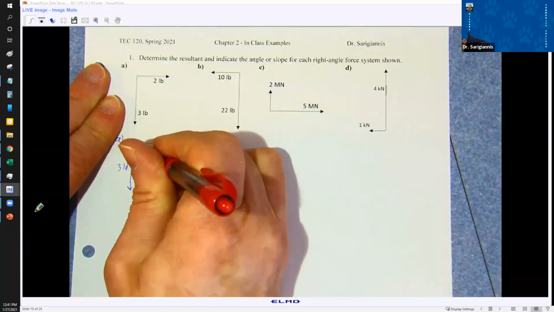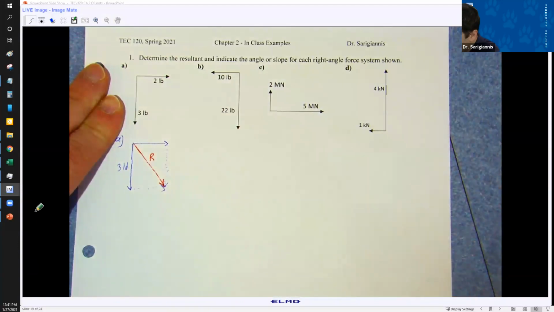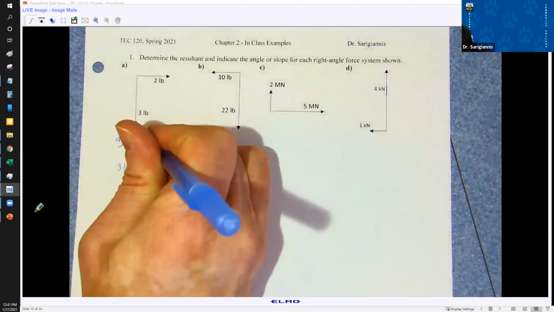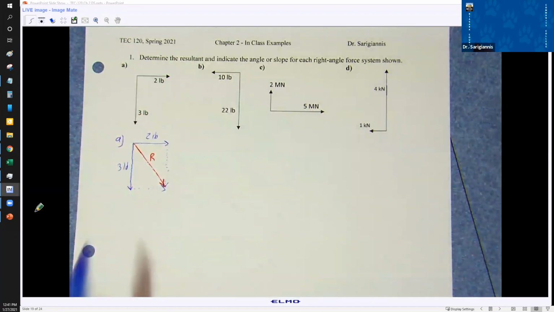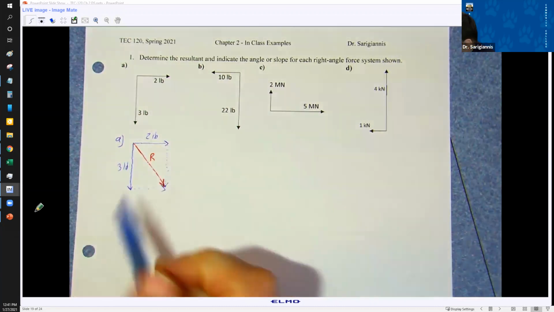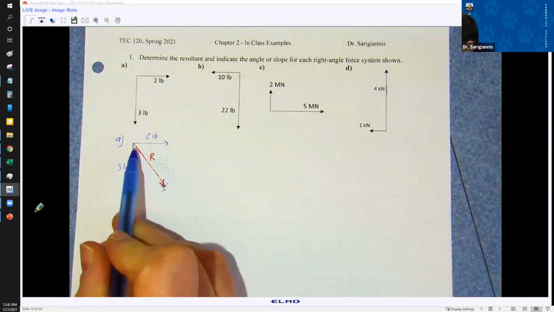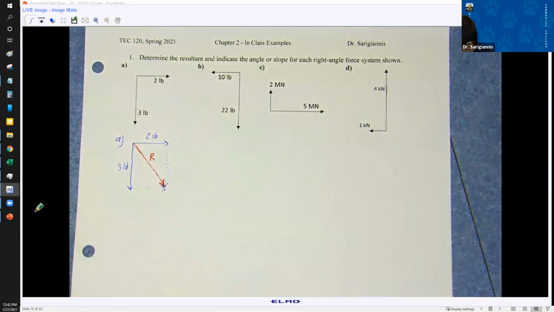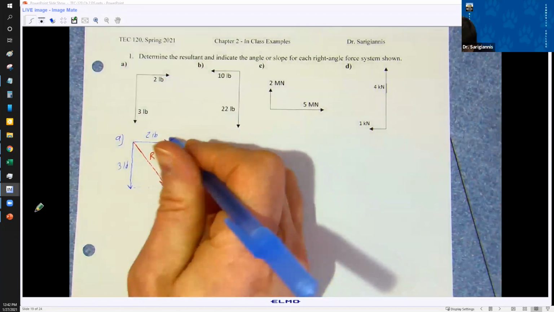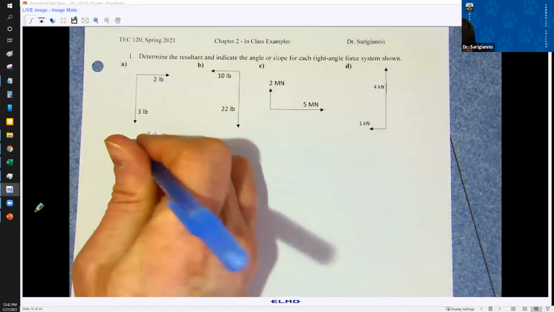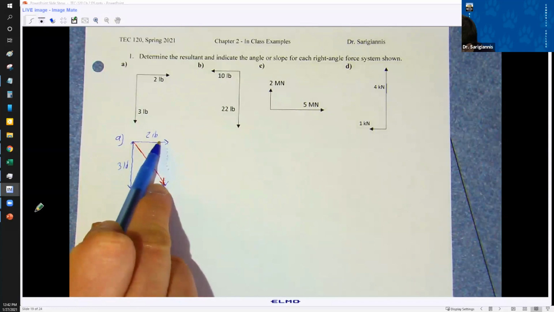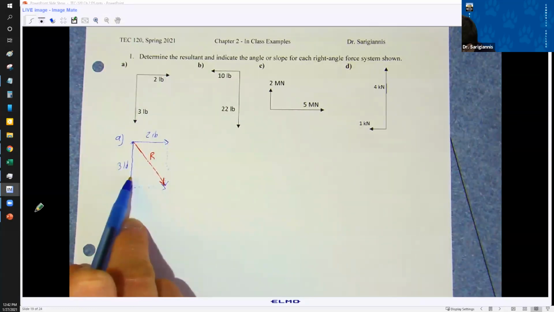It's our resultant. This is a triangle. This is 2 pounds, it's 3 pounds and 2 pounds. And all I did is I made a rectangle out of it, right? And I can see I've got a right triangle in the middle of this rectangle, which is the diagonal for these forces. You could also think of this as, at this point here, the 2 pounds is pulling on this point, and the 3 pounds is pulling on this point downward.